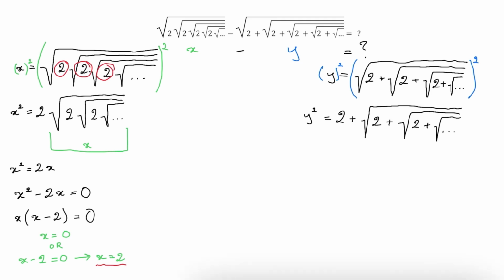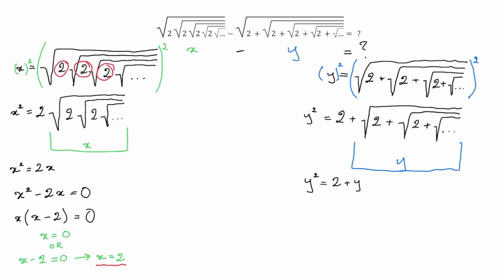Once again, we notice a pattern. If we look closely, we can see that this value is the exact same value as our y. And once again, we can make a very convenient substitution. We can say that y squared is equal to 2 plus y.